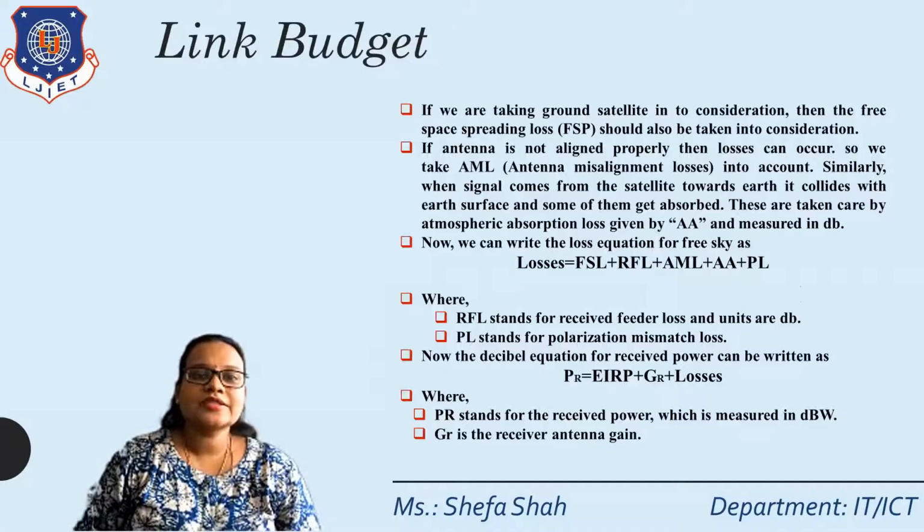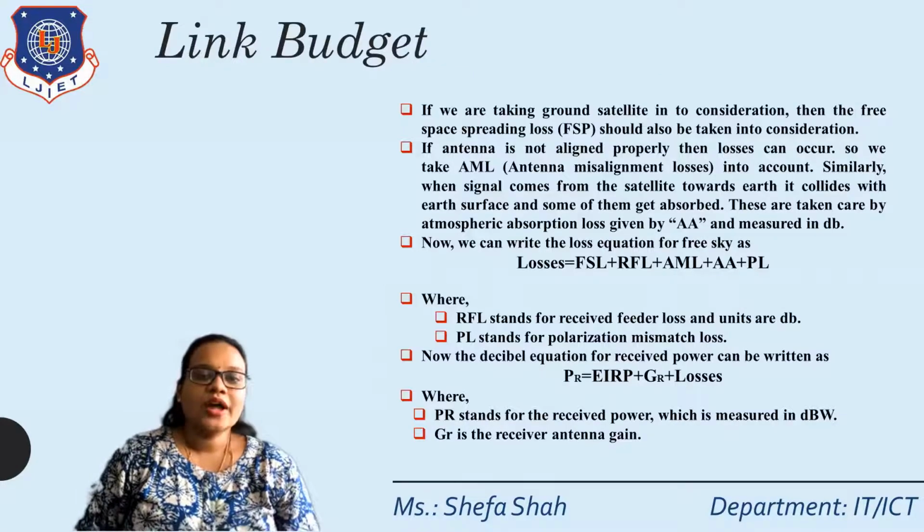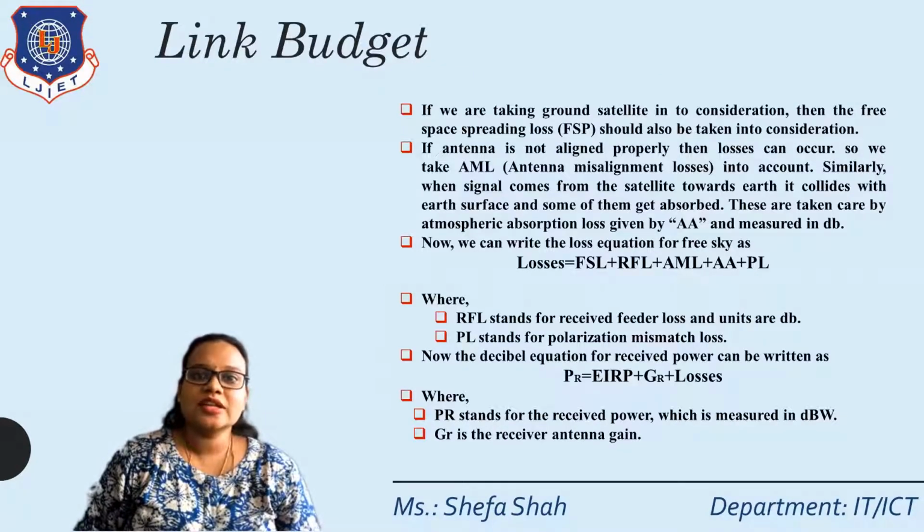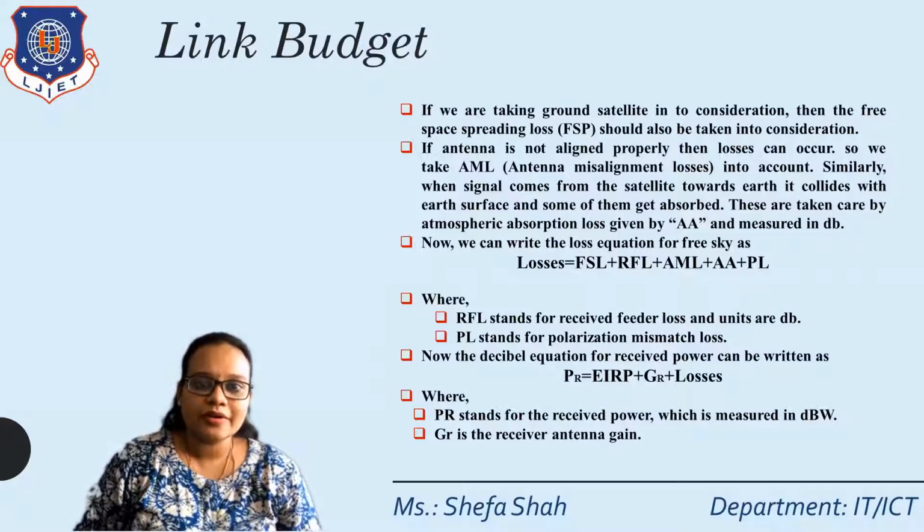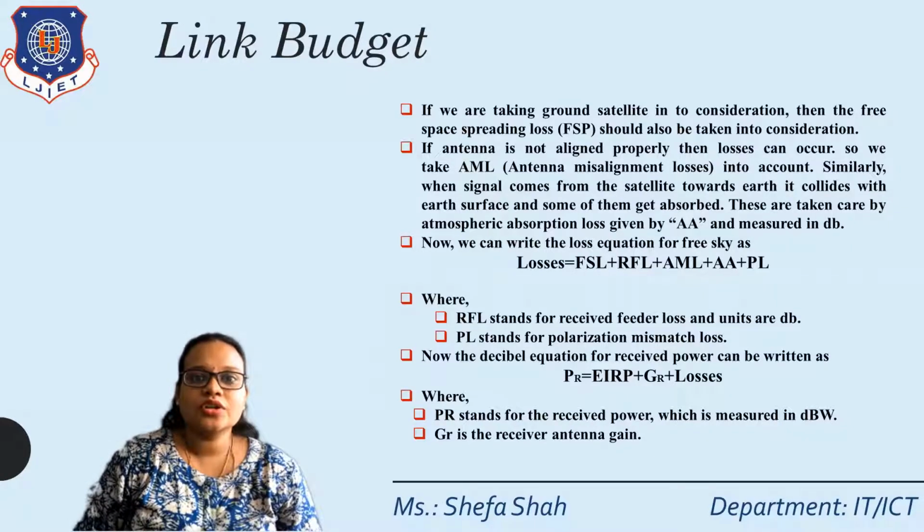Now, next, that is the link budget. As we have discussed, link budget is nothing but the calculation of received power when we calculate either on the uplink side or the downlink side. So if we take the satellite into consideration, then the free space spreading, that is FSP, should be taken into consideration.